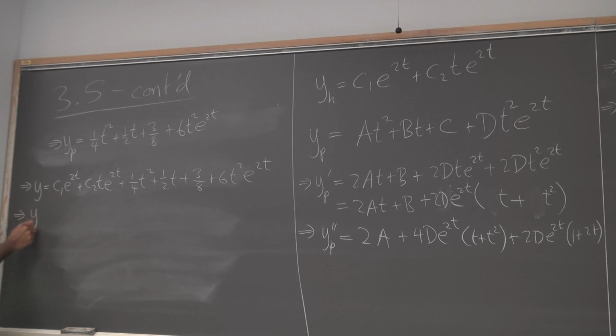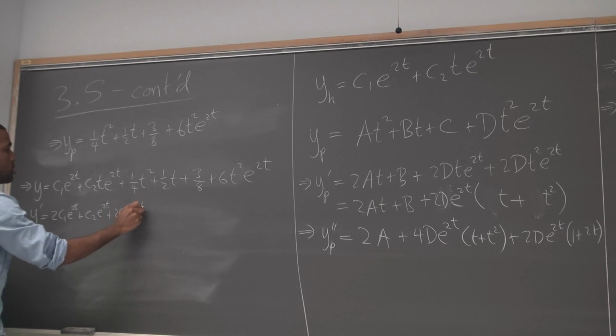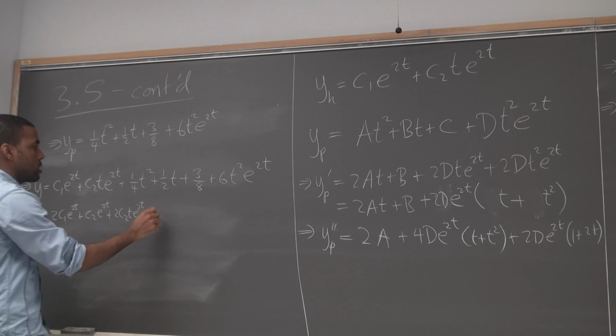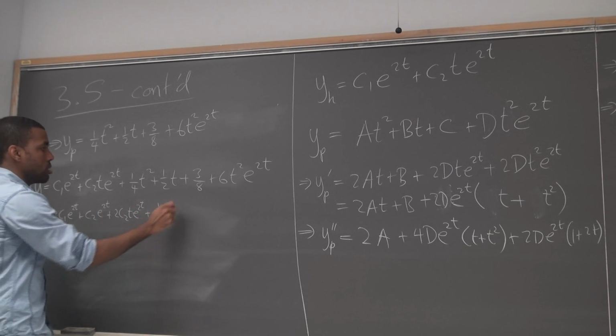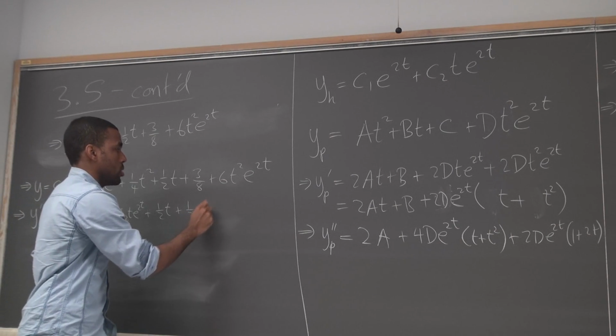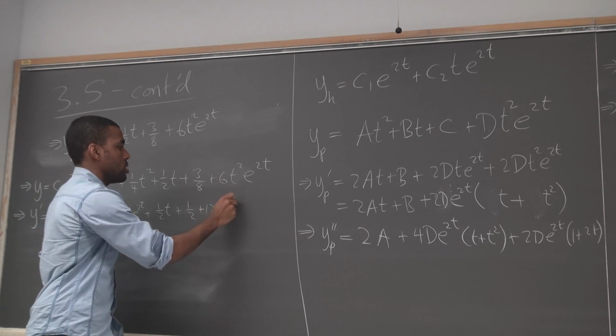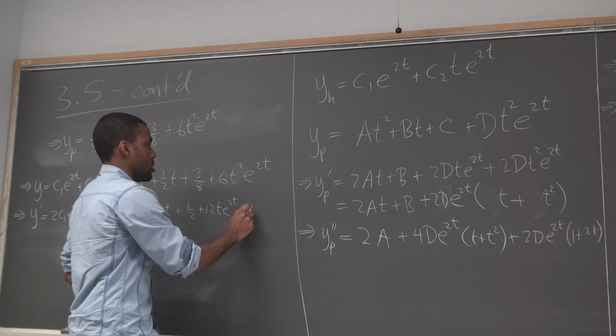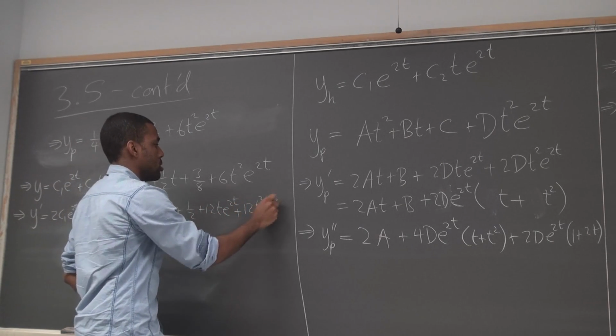So y prime is going to be equal to 2c1 e to the 2t plus c2 e to the 2t plus 2c2 t e to the 2t plus 1/2 t plus 1/2 plus 12t e to the 2t plus 12t squared e to the 2t.